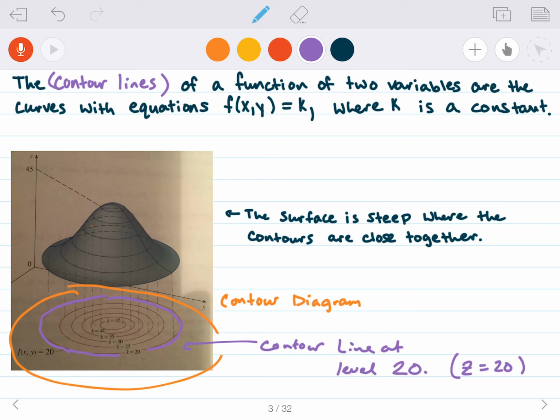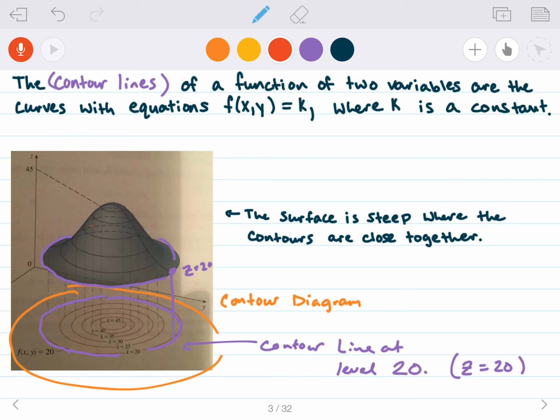That corresponds to, we can see the dashed line, we can just project it up here to z = 20. And that's going to represent this whole bottom circle right here. This is at z = 20.